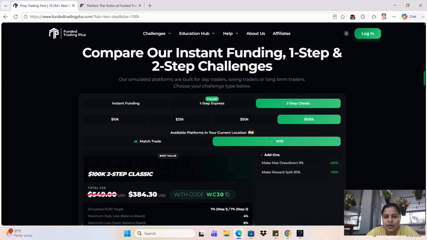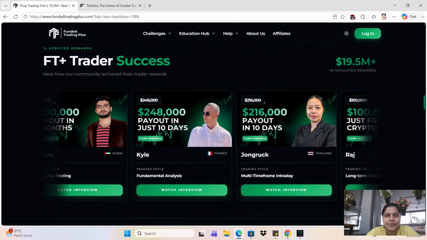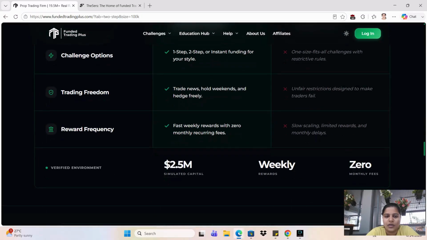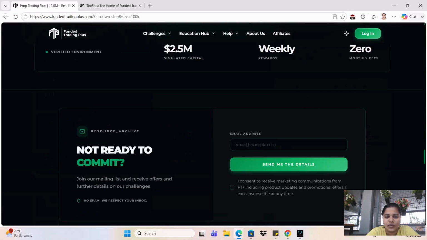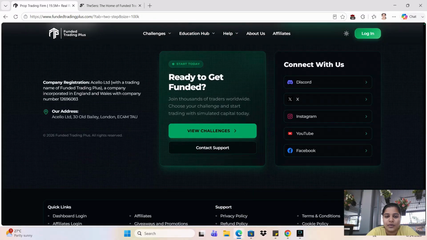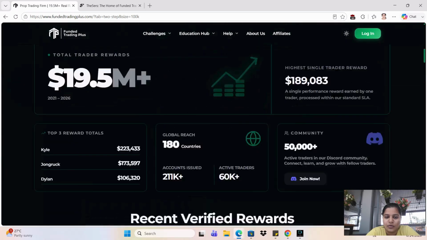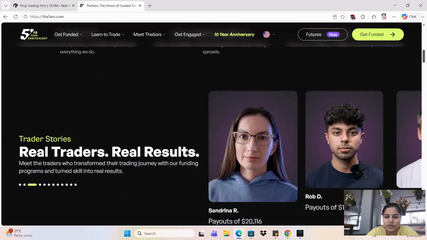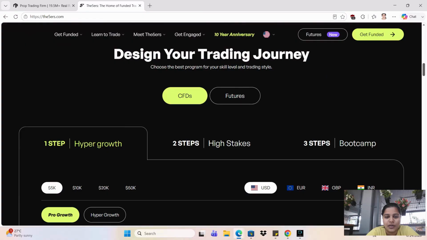And they are having different trading objectives. In 5% they are having similar accounts, one step, two step, and they have a bootcamp account, which I highly recommend for traders who are learning, and it's very cost effective. It's also one of the very reputed platforms.